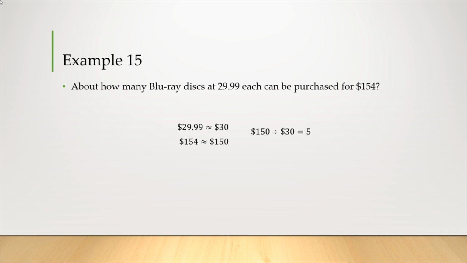So then what I can do is just do $29.99 times 5, and that gives me $149.95. So without doing the crazy long division, you can use estimation to solve it. And see how close that was? If it went over, then I know that I can only do 4.